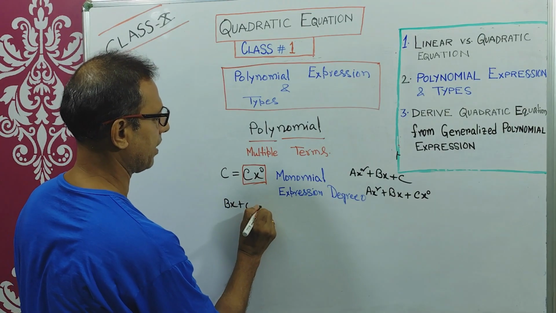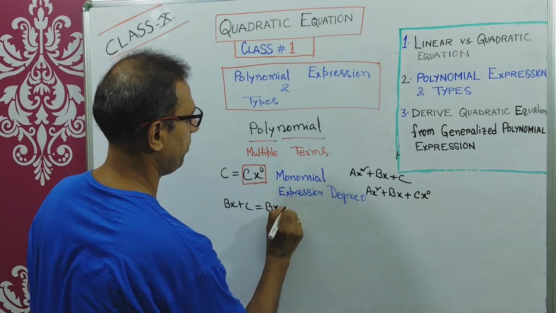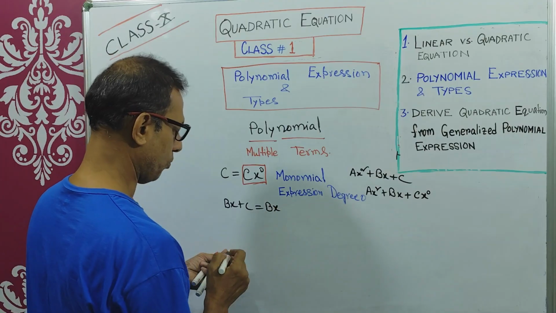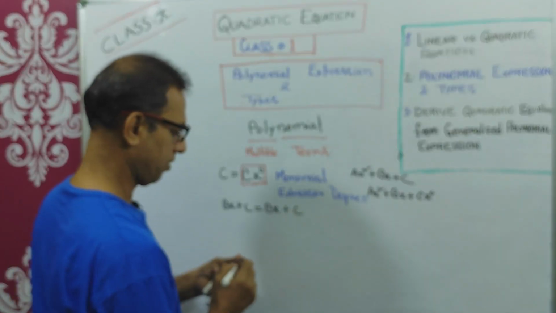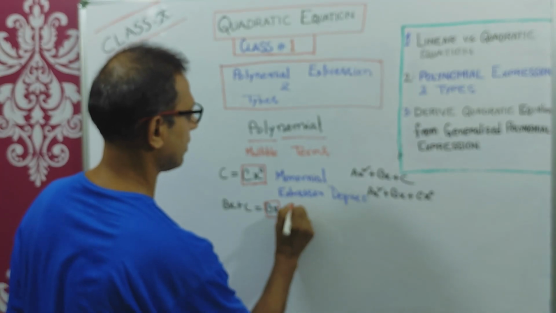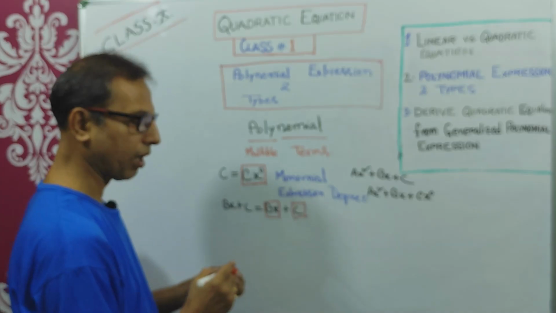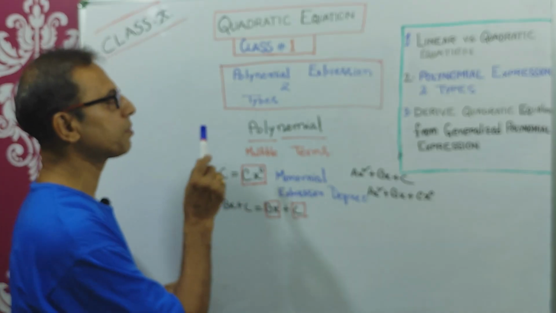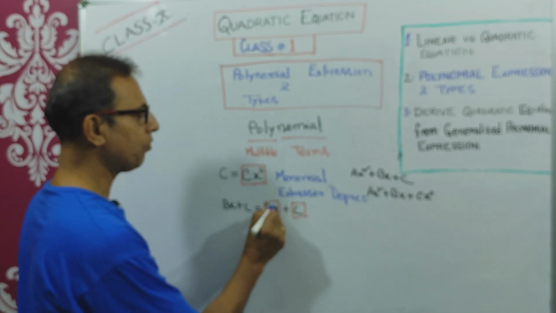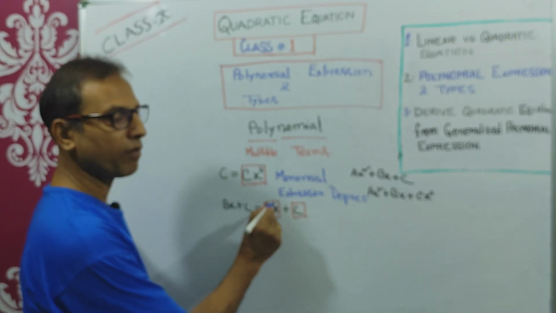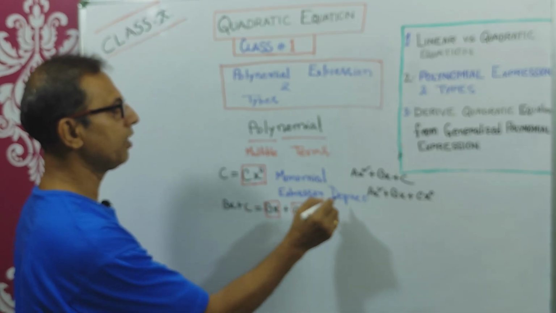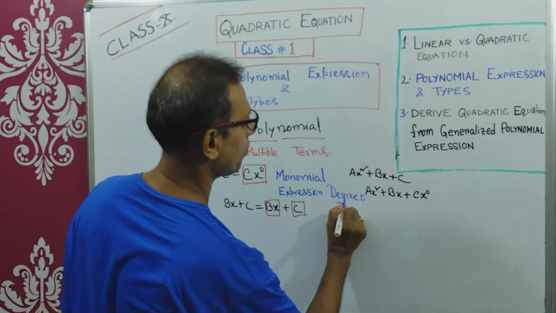Now let's say I am writing bx plus c. You can write bx as one term and c as the second term, so there are two terms. When there are two terms, it is a binomial expression. What is the degree? Maximum power of the variable, it is 1. Here it was 0, therefore degree 0.